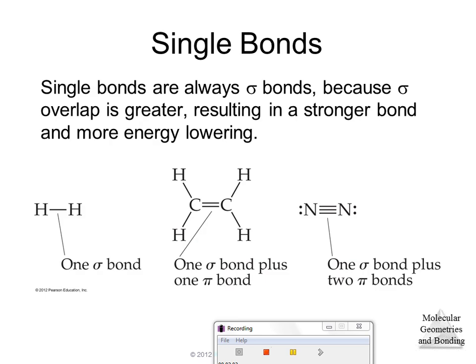This diagram in your text talks about where you find sigmas and pi's. Single bonds are always sigmas because sigma overlap is greater. So you have more overlap whenever you have a sigma bond. And it's always stronger. So notice here in our hydrogen, we got a single bond, sigma, where they're overlapped together, and it's parallel across the side.